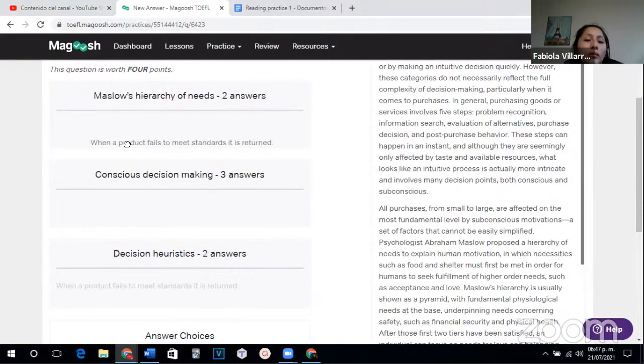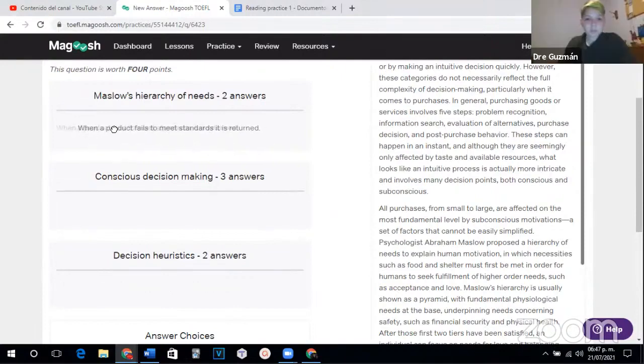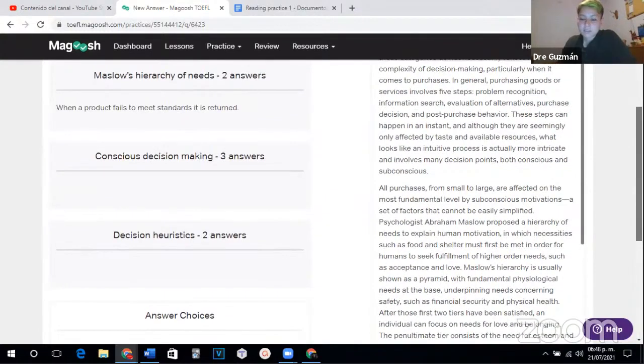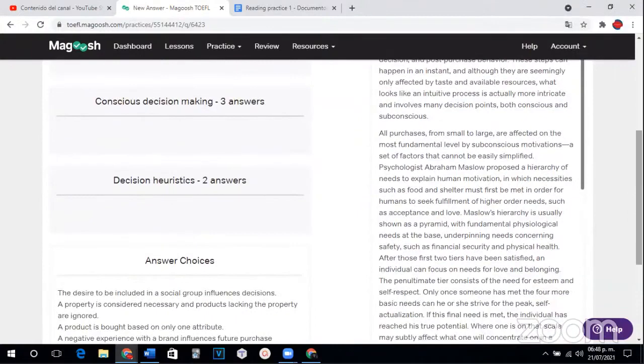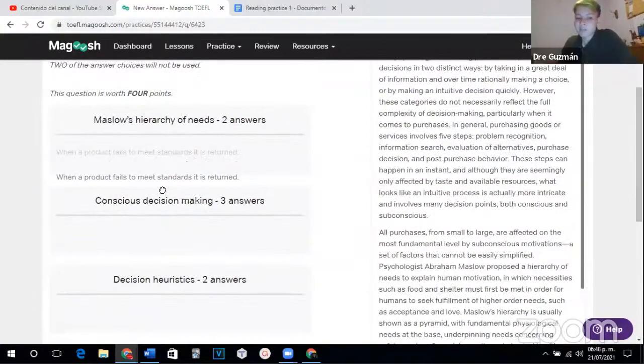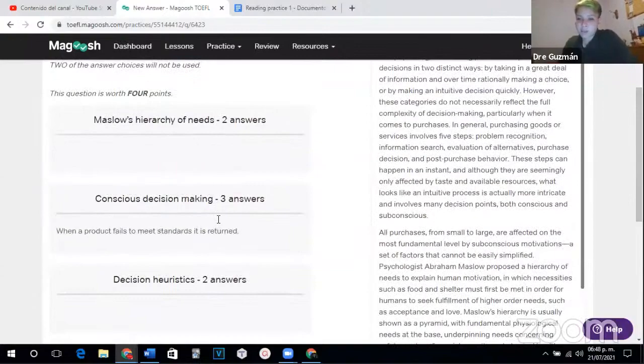Maybe Maslow's hierarchy of needs. All right, we're gonna go with Maslow's hierarchy. Does anyone think differently? Miss, I think it is a conscious decision making. I'm leaning more towards that one as well. So let's go with that one.